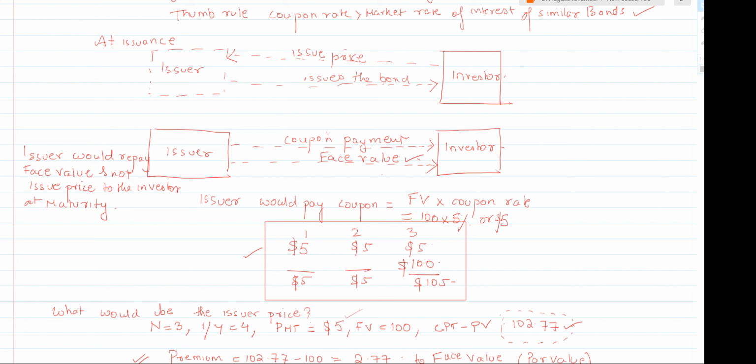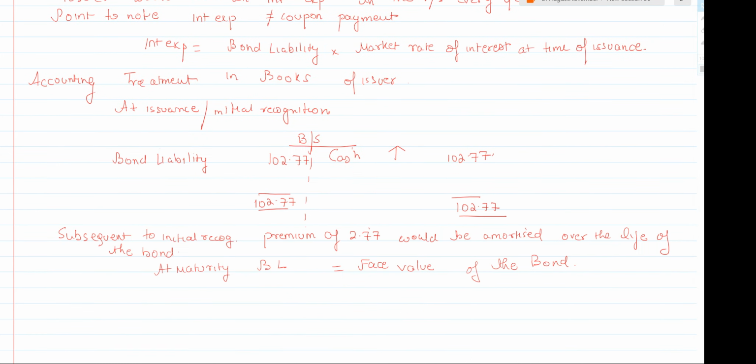So, issuer is liable to pay only $100, which is the face value in our example, at the maturity of the bond. He is not liable to pay the issue price of 102.77. So the liability at the end of year 3 or at maturity should be the face value, which is $100.